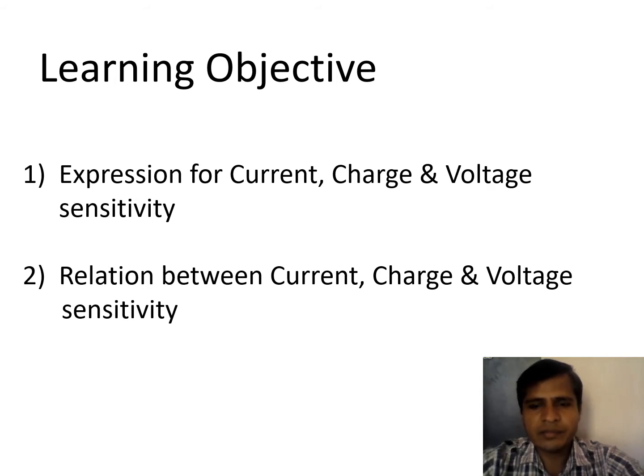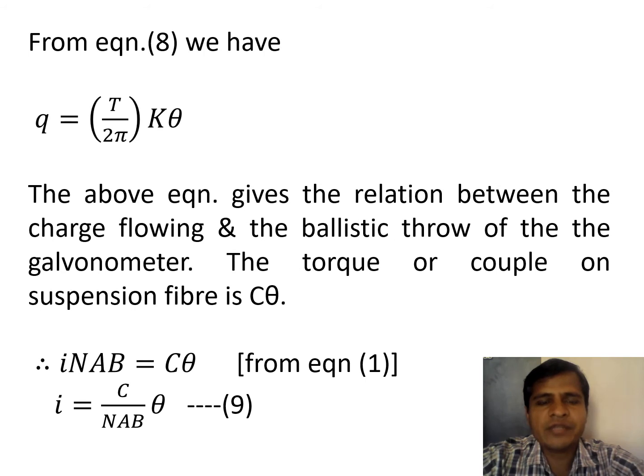From equation 8, that is from the previous session, we have Q equal to T upon 2 pi into K theta. This equation gives the relation between the charge flowing through the galvanometer and the ballistic throw of the galvanometer. The torque or the couple on the suspension fiber is given by C theta.